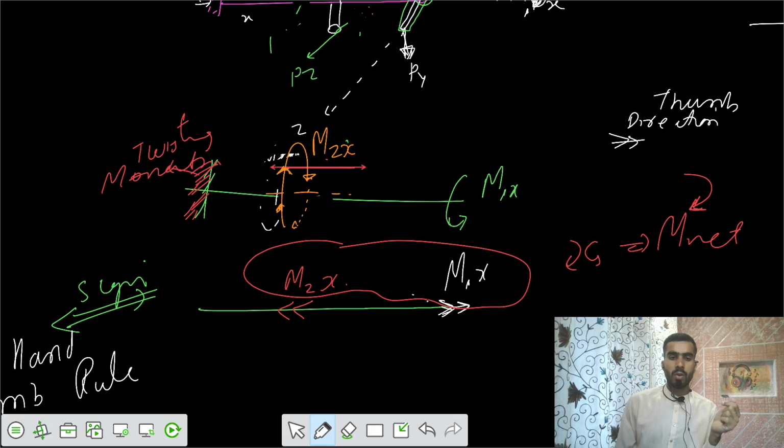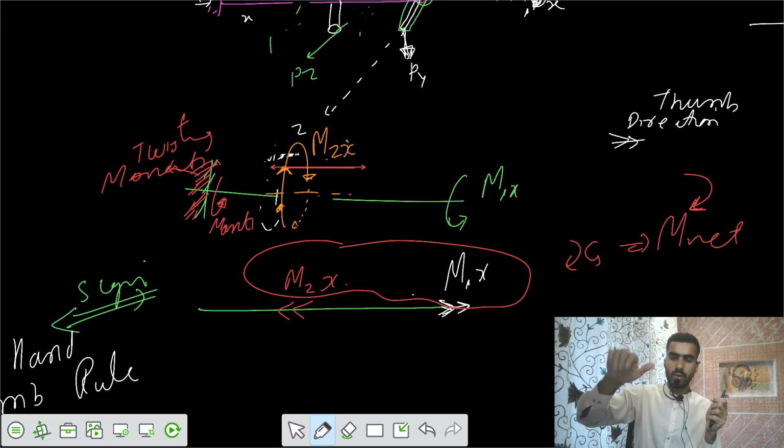That means the moment developed would be in the anti-clockwise fashion. Let's call it m anti-clockwise.